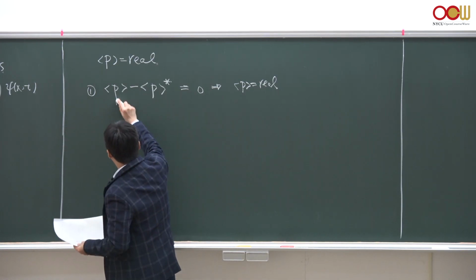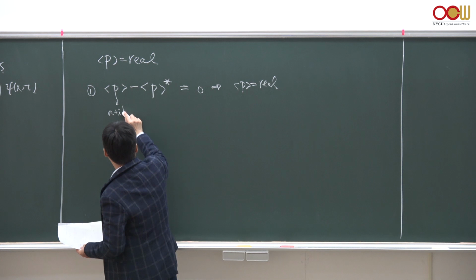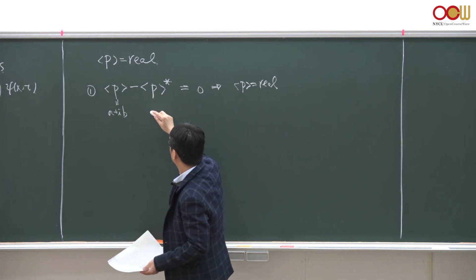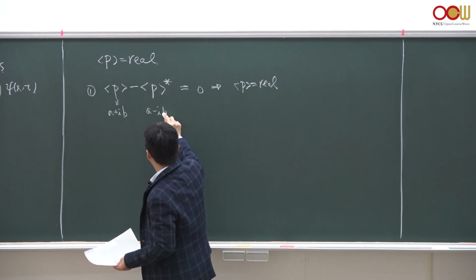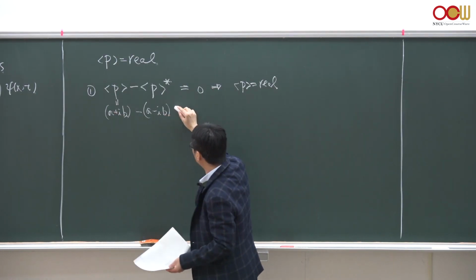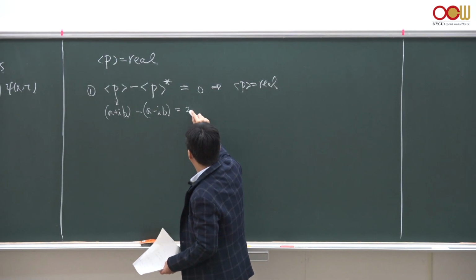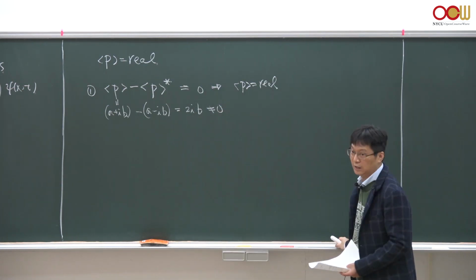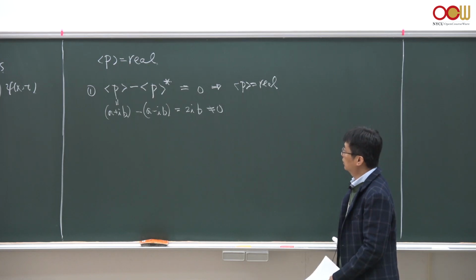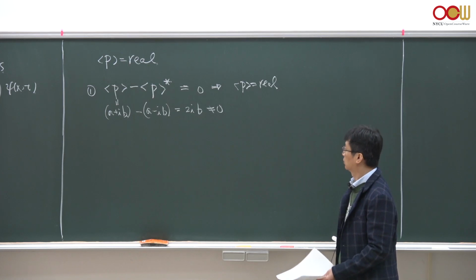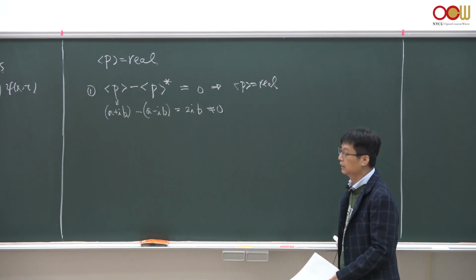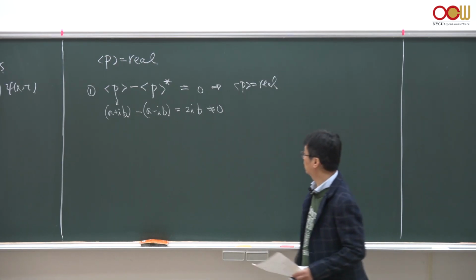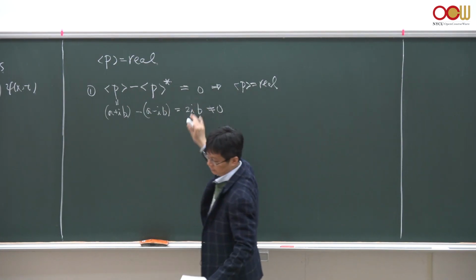Say if this p is actually a plus ib, then p star should be a minus ib. So if you subtract these two complex numbers, you get 2ib, which is non-zero. And this is a good test to check whether this p expectation value is really a real value or a complex value. Okay? And of course, the final answer is that this subtraction gives you 0.